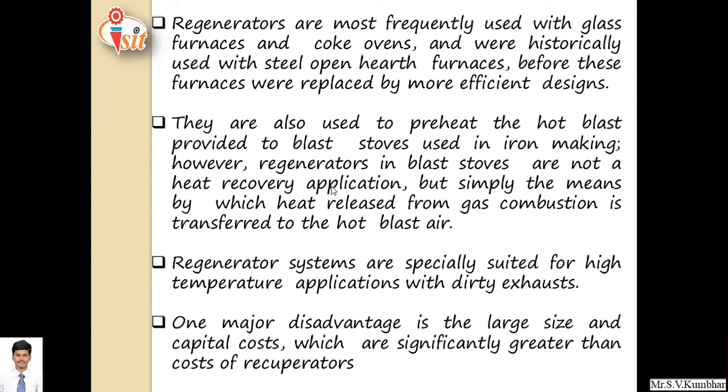They are also used to provide the hot blast to blast stoves used in iron making. However, regenerators in blast stoves are not a heat recovery application, but simply the means by which heat released from the gas combustion is transferred to the hot blast air.